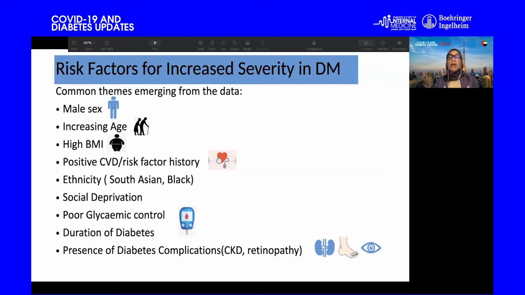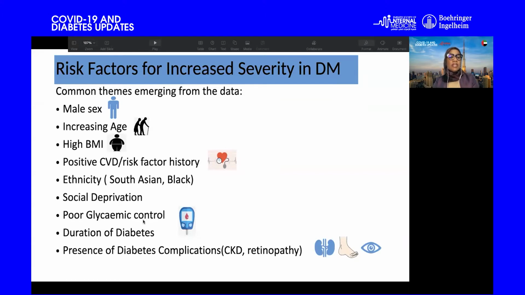We know that men are disproportionately affected, people with increasing age, so the elderly, the higher the BMI, presence of cardiovascular disease or risk factors also increases the risk for these complications. In places like the US and in the UK, they've also shown that certain ethnic minorities have a higher risk for developing severe COVID-19 infection.